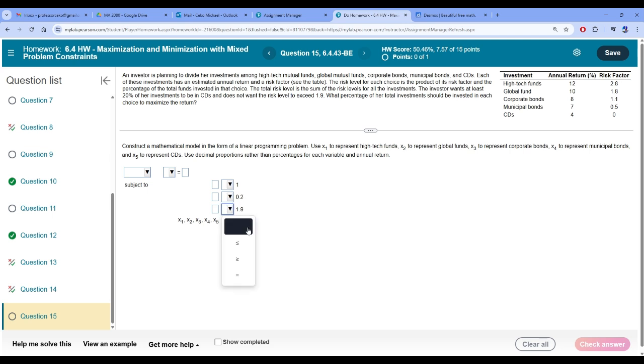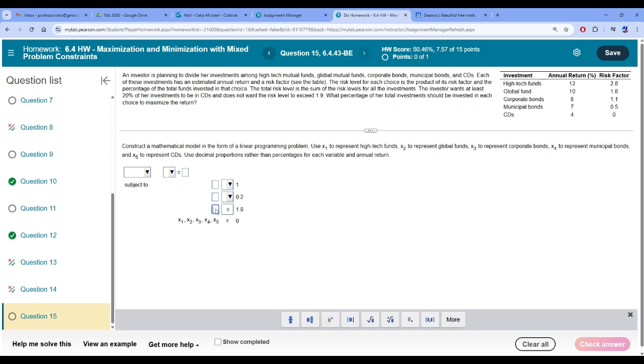So the risk factor is going to be x subscript 1 plus x subscript 2 plus x subscript 3 plus x subscript 4 plus x subscript 5.